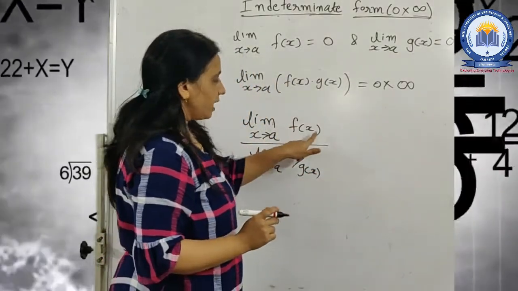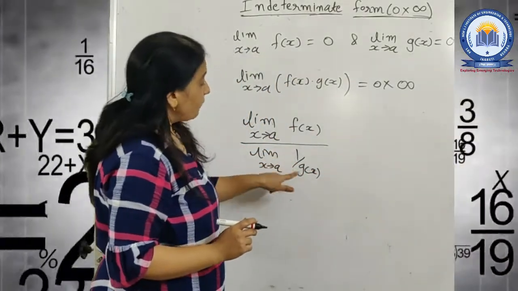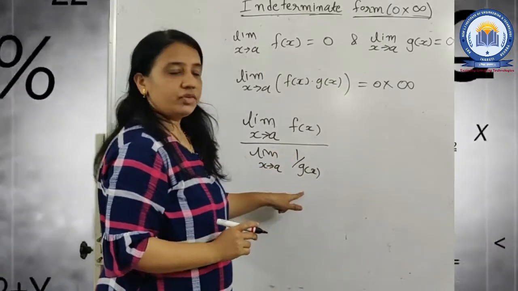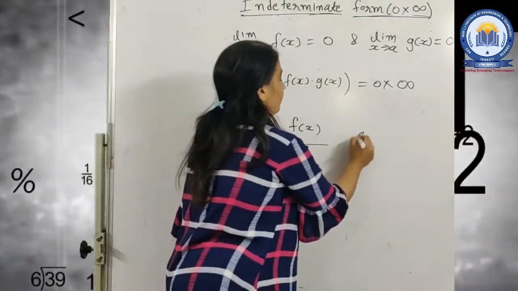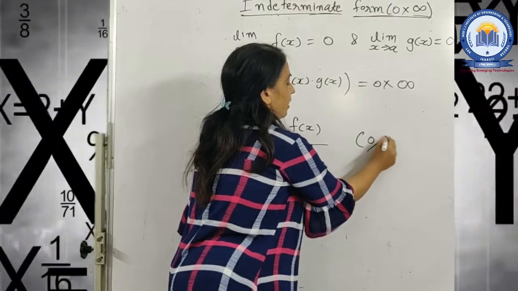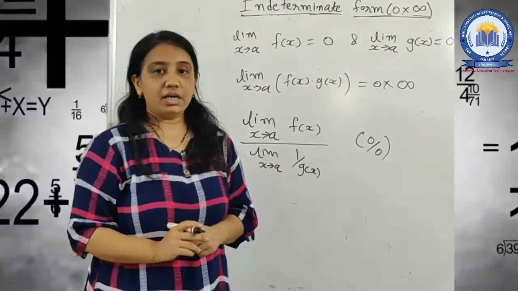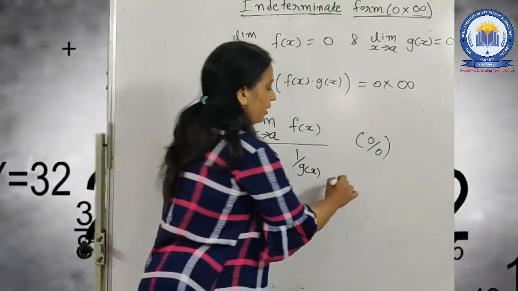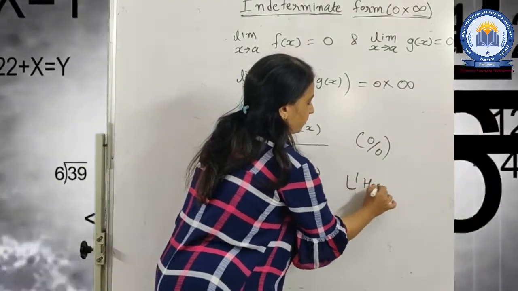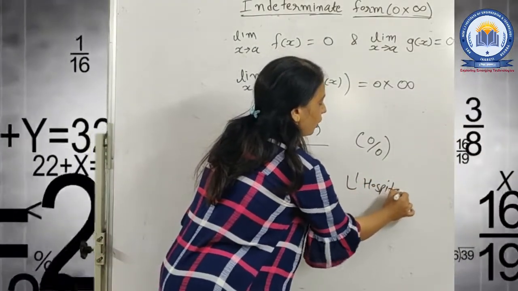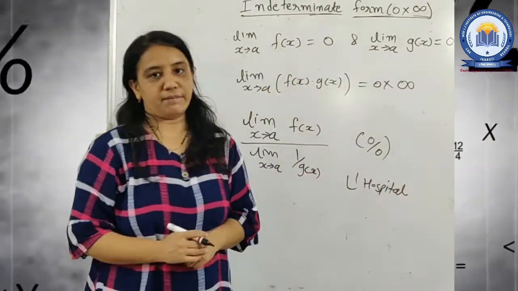That means f(x) is itself 0, 1 upon g(x) is 1 upon infinity. So it will become which form? 0 by 0. And then we can apply L'Hospital rule. So we can solve that example.